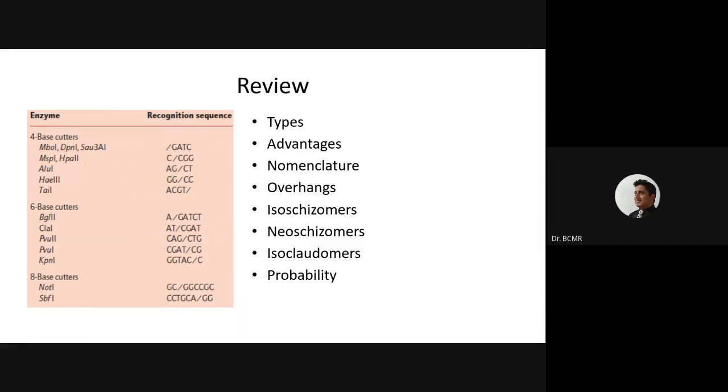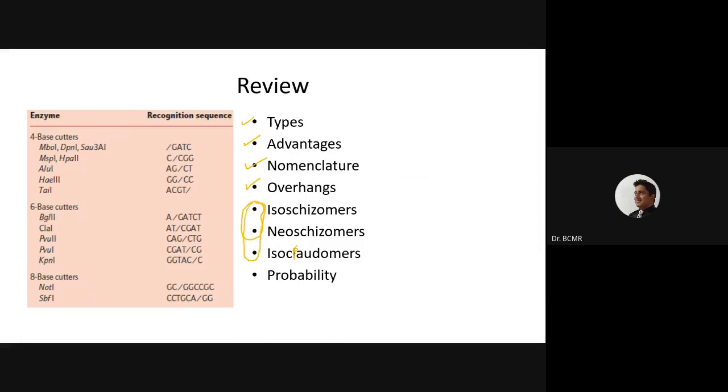So far we have discussed types, and the advantages of using type 2. We have discussed nomenclature, and 5' and 3' overhangs. I haven't discussed isoschizomers and neoschizomers; I will discuss these in the next class.